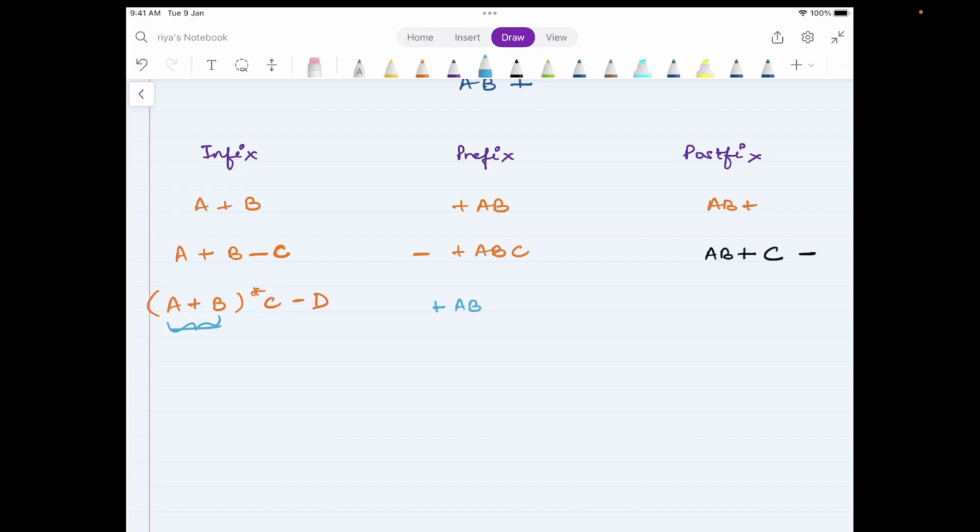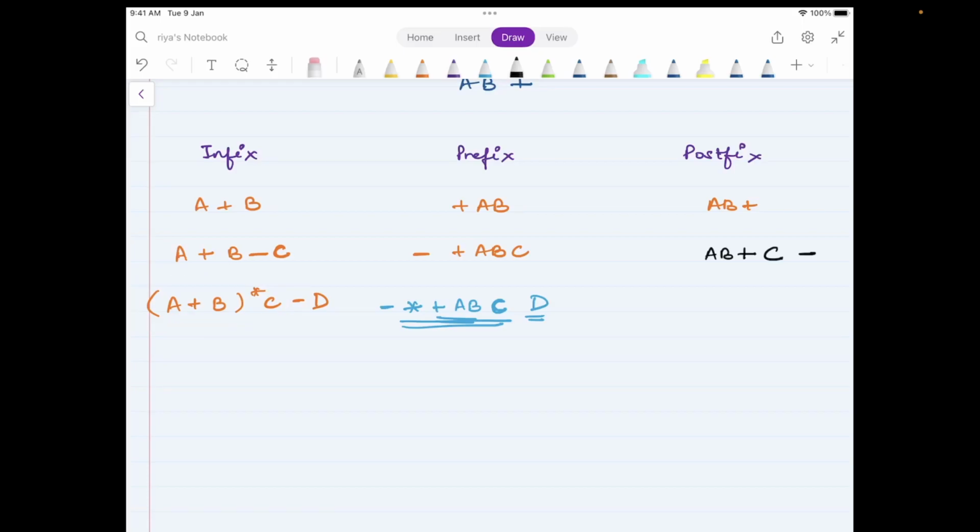Okay, and then whatever the result is, this is operand 1. C is operand 2. And the result will be multiplied. Okay, and then whatever the result for this is basically subtracted with D. Okay, so operand 1 is this, operand 2 is this, and the operator comes in the start because it's a prefix expression.